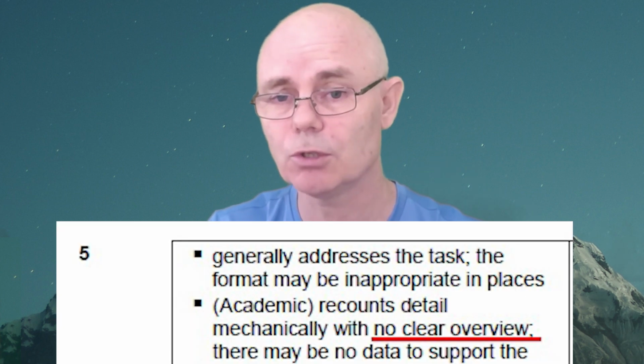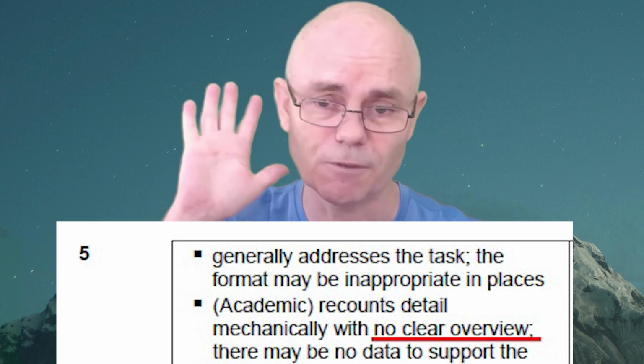1, it forms a solid paragraph instead of 2 little paragraphs. Secondly, if you run out of time, you want to make sure you've written the overall summary. That's because it's the most important part of your whole report. If you don't write the overall summary, your task achievement will be limited to 5.